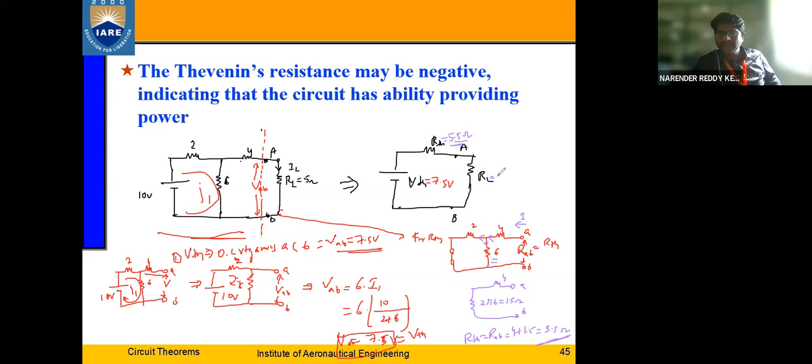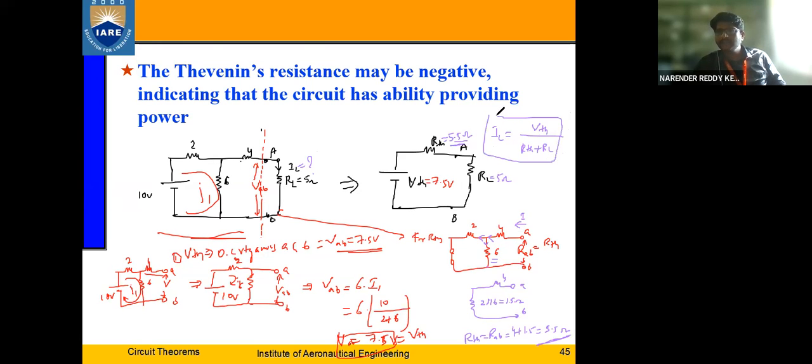Now what should be done? You construct the Thevenin's equivalent circuit. So what's the equation I can give? What is our intention? What's the current that is flowing through RL, right? So what's the equation I can give for IL when I have a Thevenin's equivalent circuit? Voltage by equivalent resistance. What's the voltage I have? V Thevenin by R Thevenin plus RL.